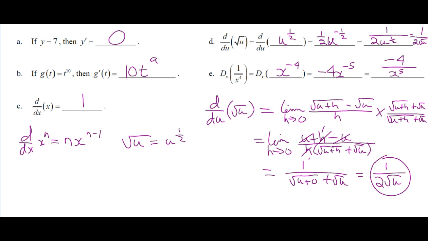You're dropping your power by 1. That's how the half ended up as a -1/2 and ended up underneath as 1 over 2 root u, which we knew it had to be because we worked it out from first principles. We got 1 over 2 root u. Generally, if you start with the root u here, you want to end up with the root u in your answer, and we're going to leave it in the denominator. It's all the rationalizing stuff.